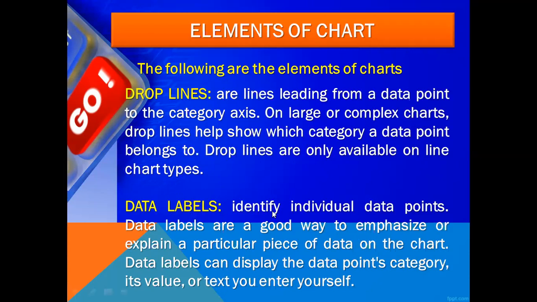It identifies individual data points. Data labels are a good way to emphasize or explain particular pieces of data on the charts. Data labels can display the data point's category, its value, or text you input.